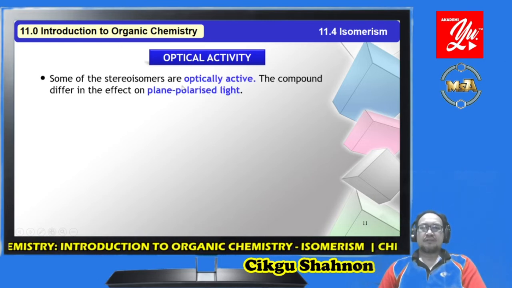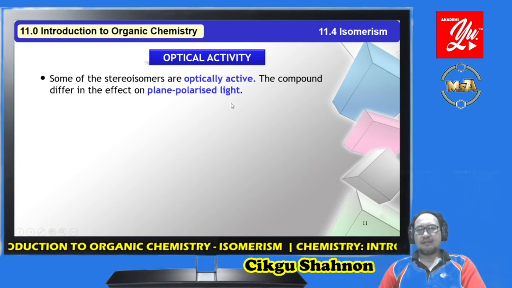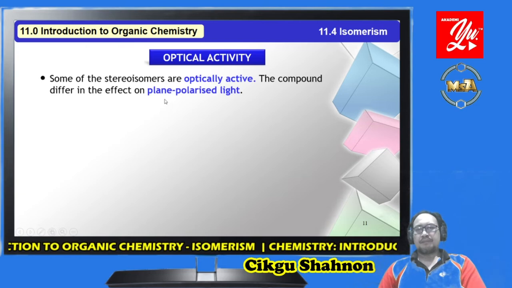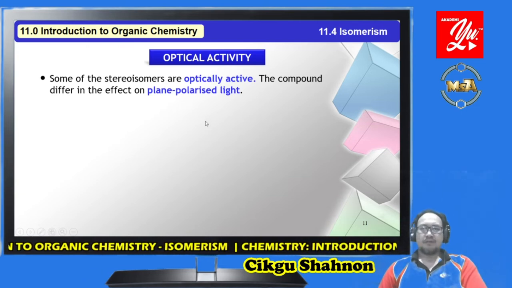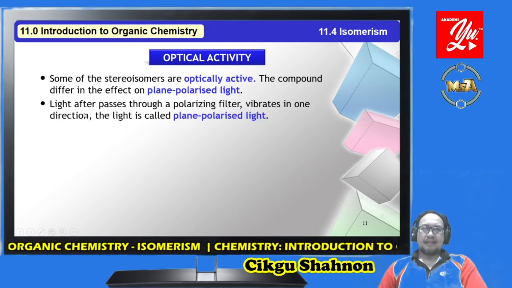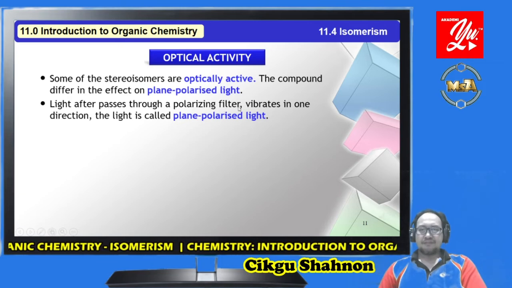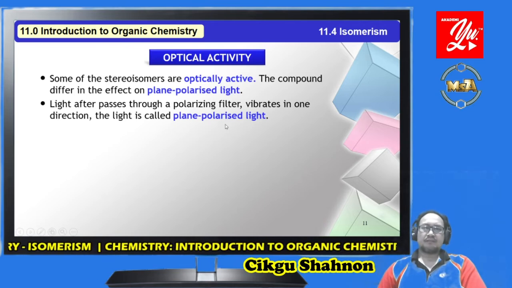Some of the stereoisomers are optically active. The compounds differ in the effect on plane polarized light. Now we have a term, plane polarized light. What is plane polarized light? The light, after it passes through a polarizing filter, vibrates in one direction. The light is called plane polarized light.